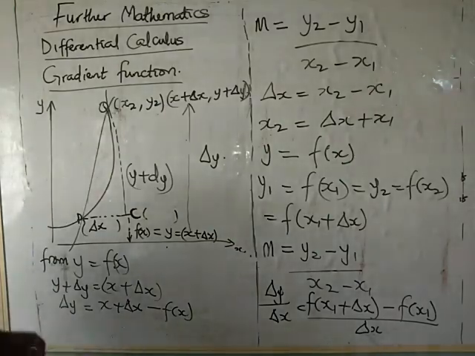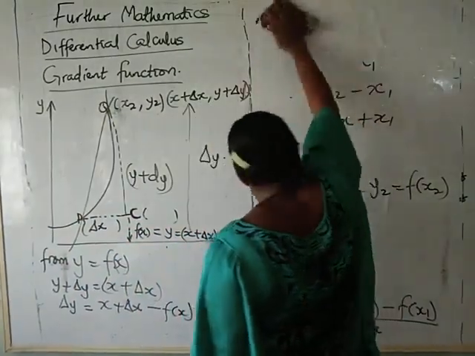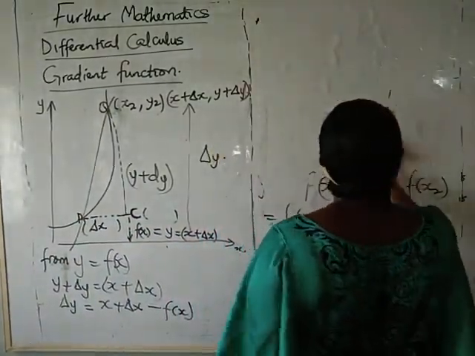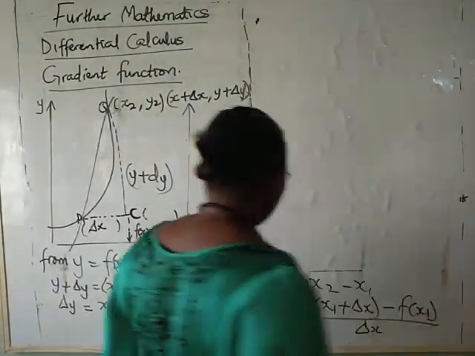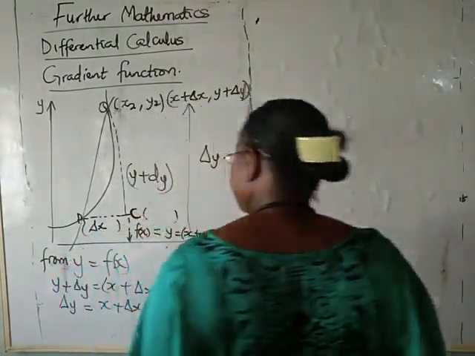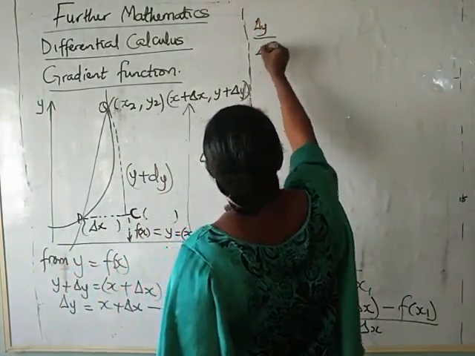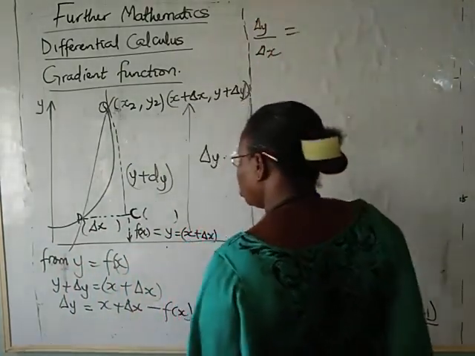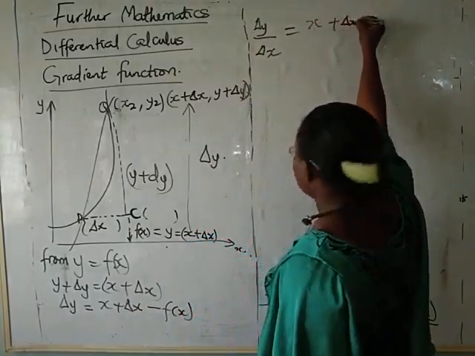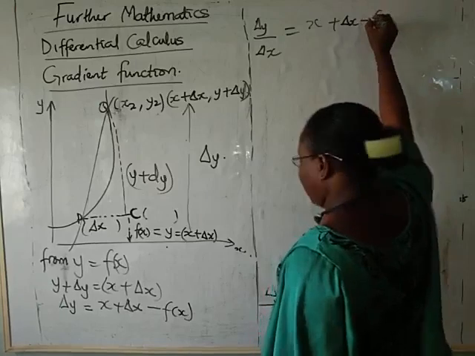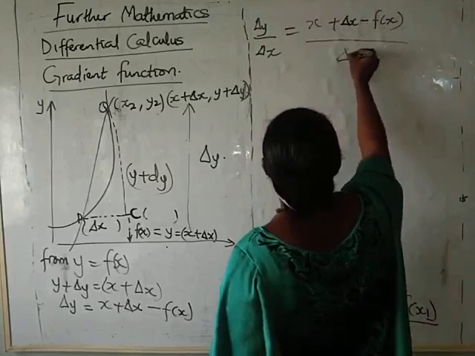We have delta y over delta x will be equals to f of x plus delta x minus f of x, everything over delta x.